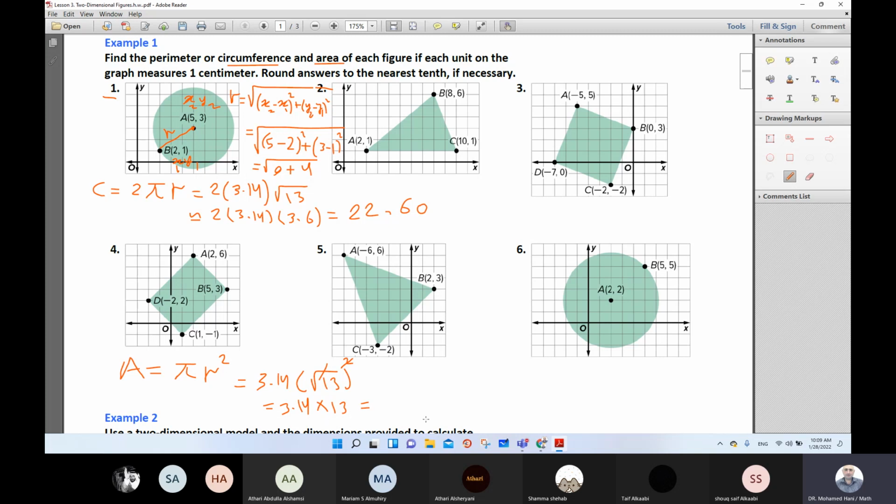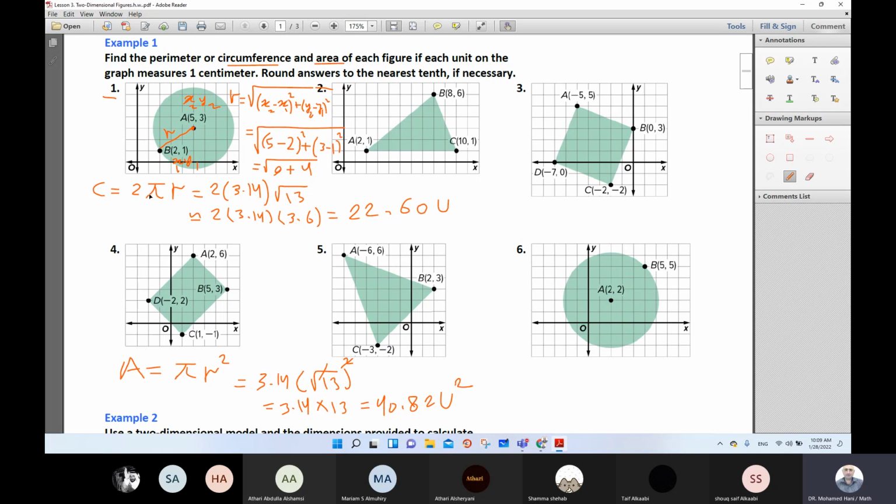The answer will be 40.82. The unit here will be unit squared, because here we have area.